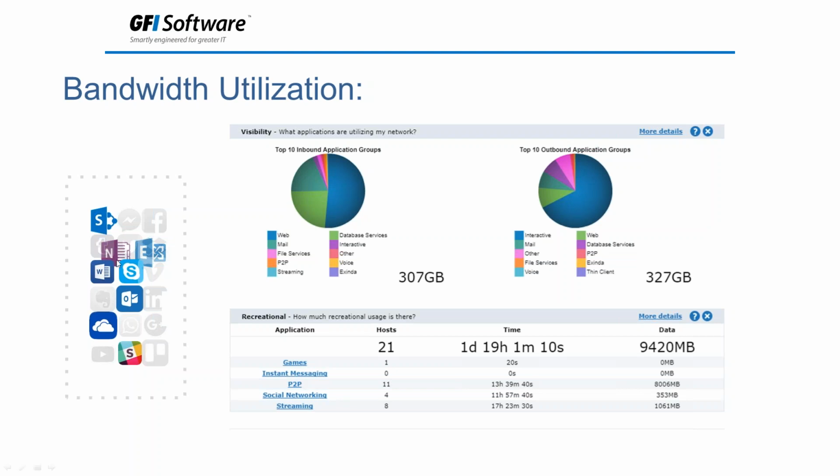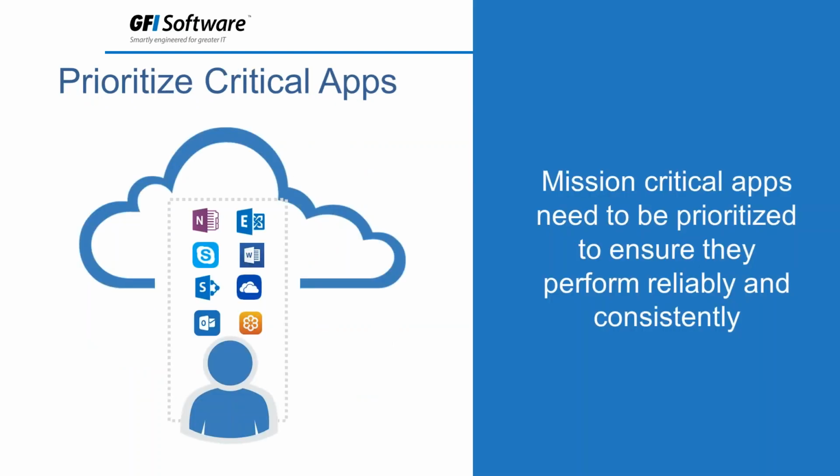Now this is all a snapshot of the first page, which is very high level, and it gives you this insight, which also provides the ability to drill down. And by drilling down, you can see that information, you can gain that insight, and you can prioritize those critical applications. Because Skype for Business, GoToMeeting, Office 365, they're all going to use this sort of web traffic group.